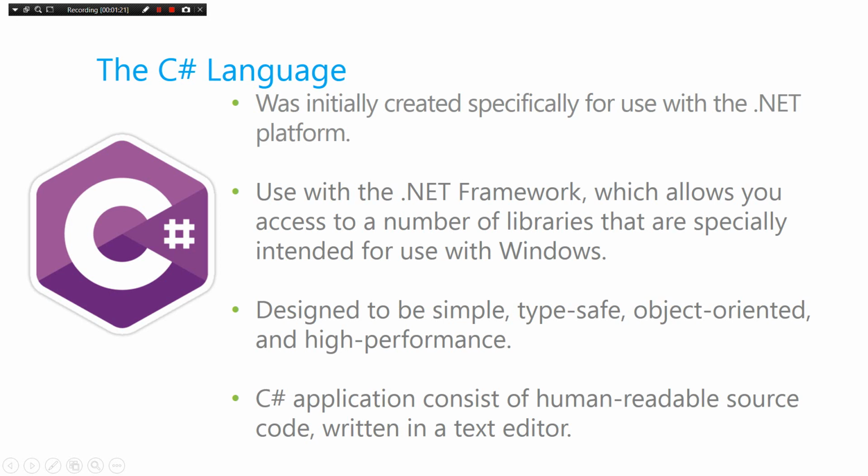C Sharp is one of the languages you can use to create applications that will run in the .NET CLR. It is an evolution of the C and C++ languages and has been created by Microsoft specifically to work with the .NET platform.